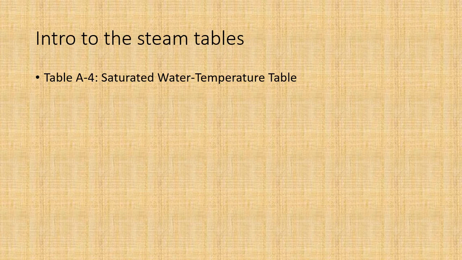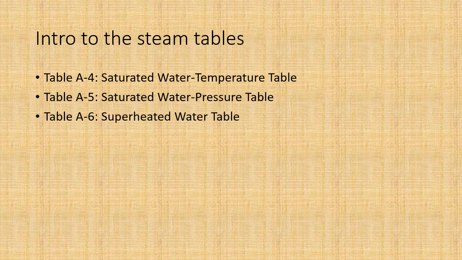The second is table A5, the saturated water pressure table, which lists specific properties of saturated water for various values of pressure. The third is table A6, the superheated water table, which lists specific properties of superheated vapor at various combinations of temperature and pressure values.